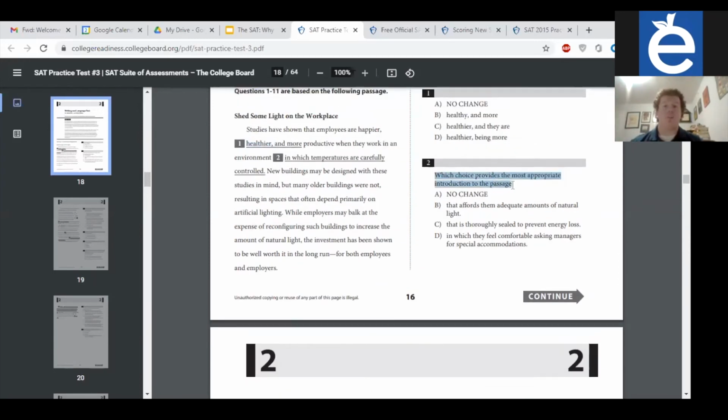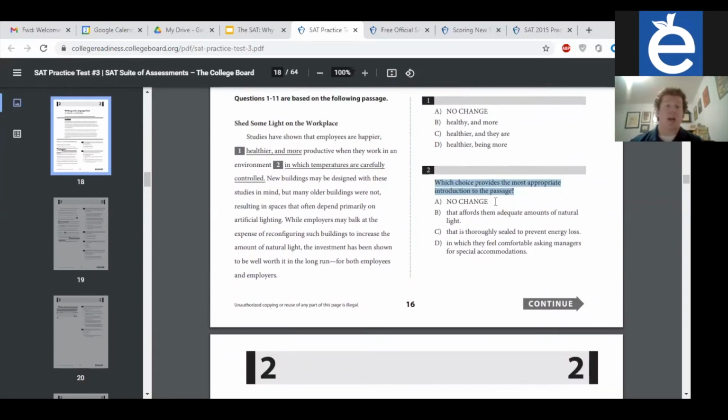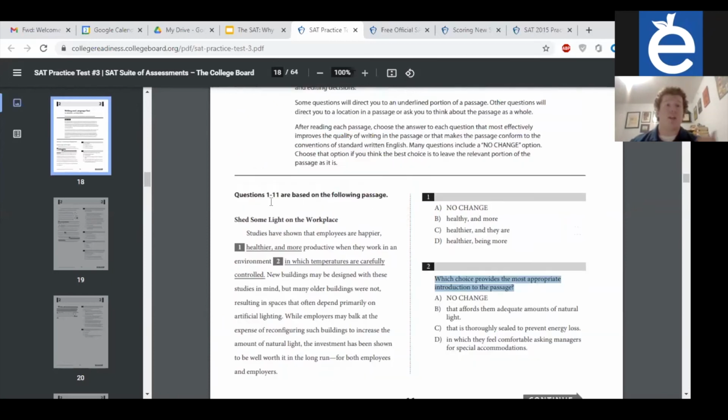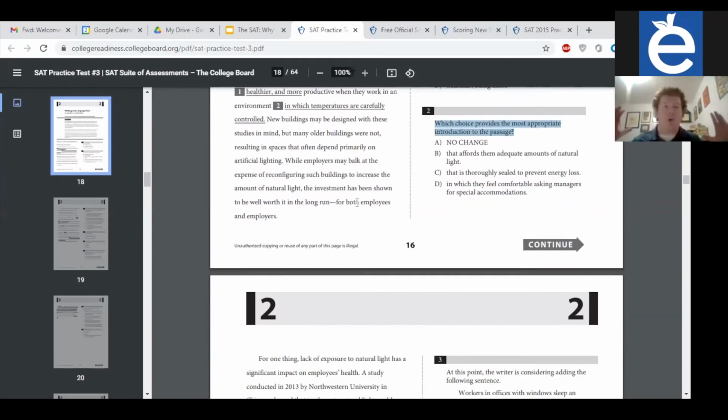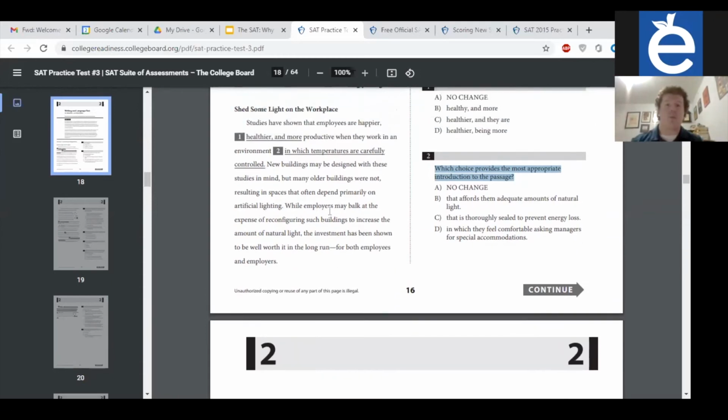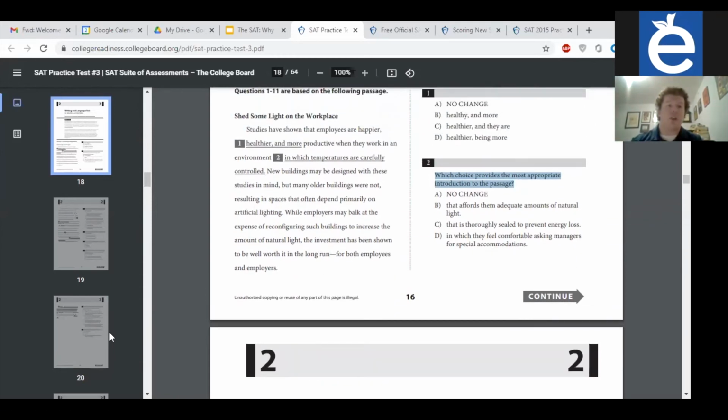Okay, moving on to number 2. Which choice provides the most appropriate introduction to the passage? This is a great kind of question. We want to expand our context a little bit. We probably want to go beyond just a sentence for this one, especially if we're talking about the introduction for the whole passage. We should probably look at the first paragraph. Usually it's not going to be too long.